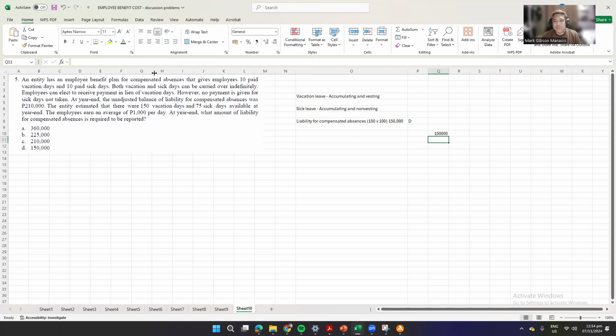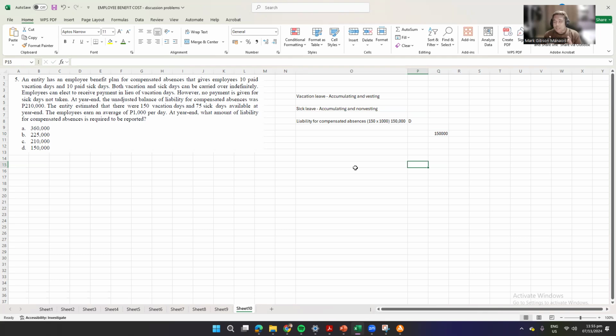Yan. Ayusin ko to. Dahil nga yung sick leave nag-expire, we will need to recognize only the vacation days. So in this case, 150 vacation days multiplied by 1,000 pesos or 150,000. So letter D. Ulitin ko to class ha, medyo tricky to.